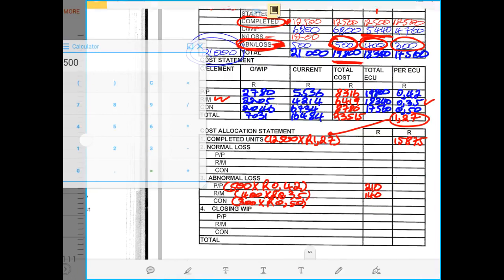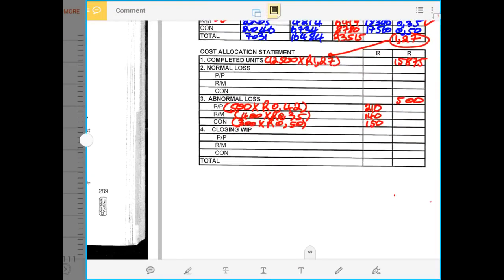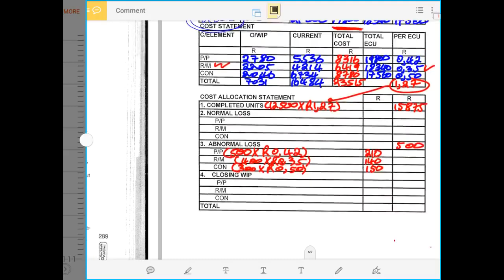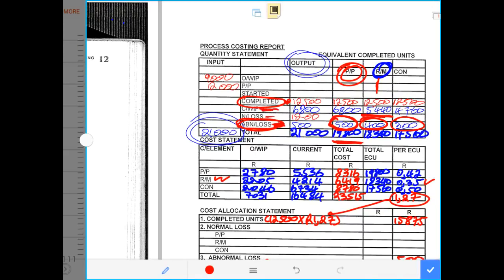500 rands. Then we continue on that same note to do the closing part, the closing inventory. Closing inventory, we have to do it with regard to previous process, with regard to raw material, with regard to conversion cost. Then we go to previous process. Here is our closing inventory.